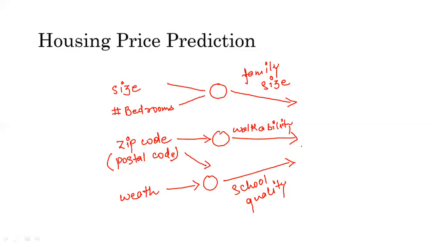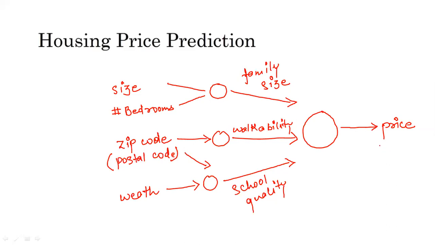Okay, so based on the family size, walkability, and school quality, we need to apply these three features to a new neuron or node. What this function or neuron does is predict whether the person would buy a house or not, or instead, it could predict the price of the house, which was our example of housing price prediction.